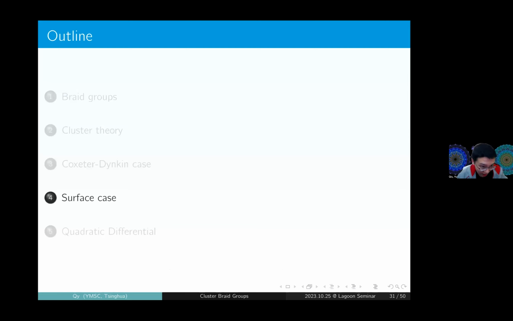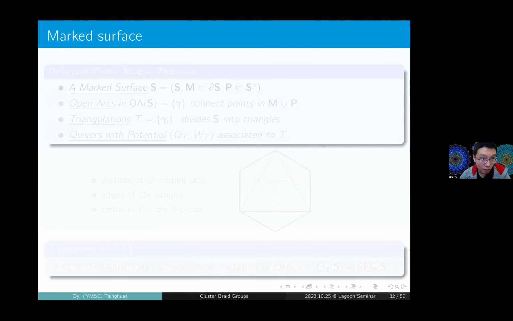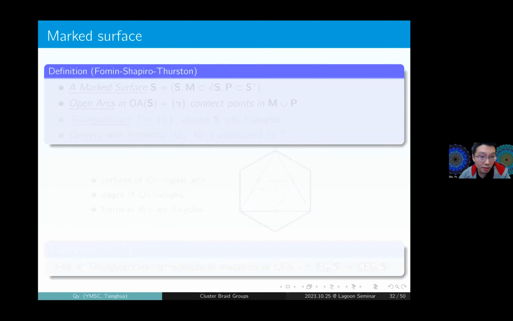So next, let me talk about the surface case, which is more interesting. So let's recall the marked surface from cluster theory, which is due to Fomin, Shapiro and Thurston. This is just a topological surface with some marked points on its boundary and some interior punctures.